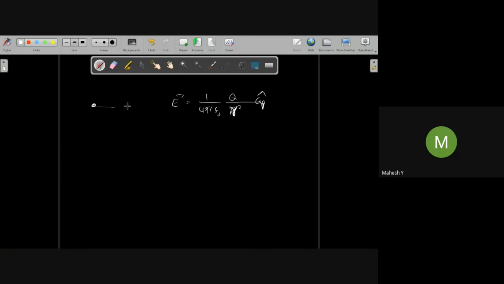So here a spherical system is best suitable, and if it is a line charge of length infinity, electric field intensity is 1 by 2 pi epsilon 0. Instead of q, we have rho L here. Rho L by 2 pi epsilon 0 rho. Correct?